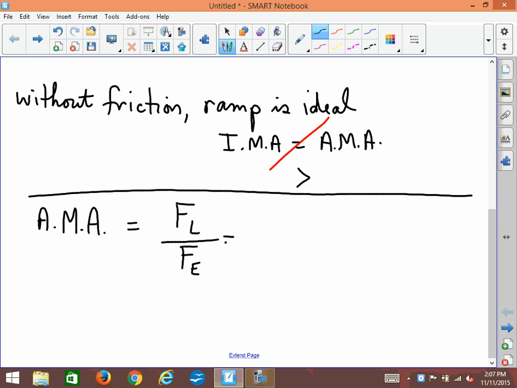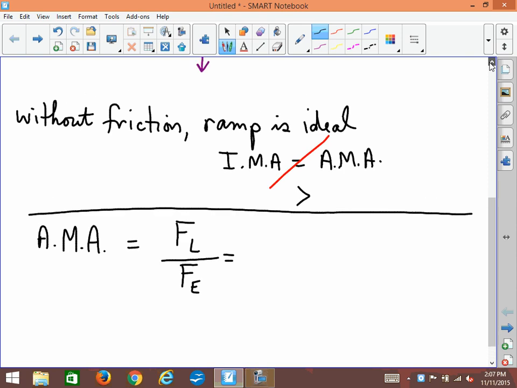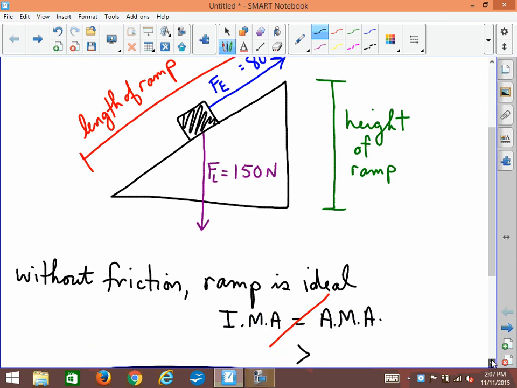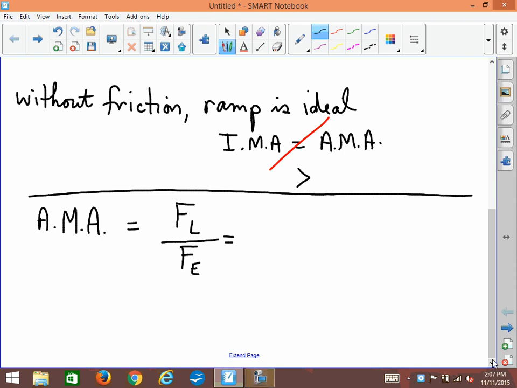So in my case, if I look at my picture that I've drawn, the load force is 150 and the effort is 80. So this would be 150 divided by 80 newtons. And of course, if you do that, it'll be not quite 2, because 150 divided by 80 is about 1.88.